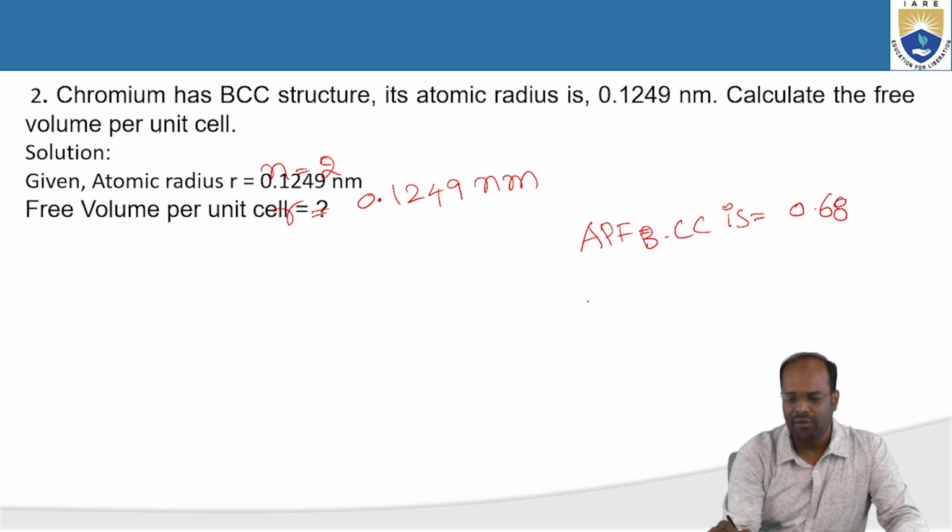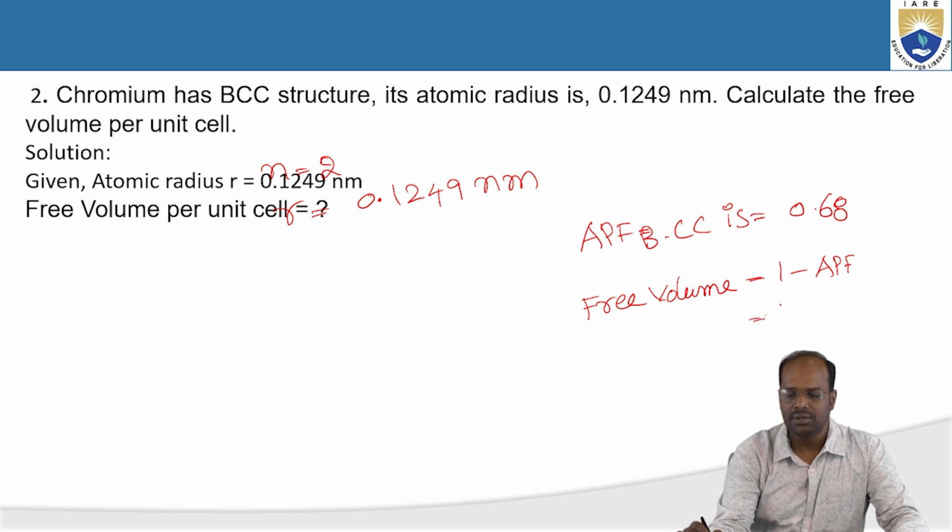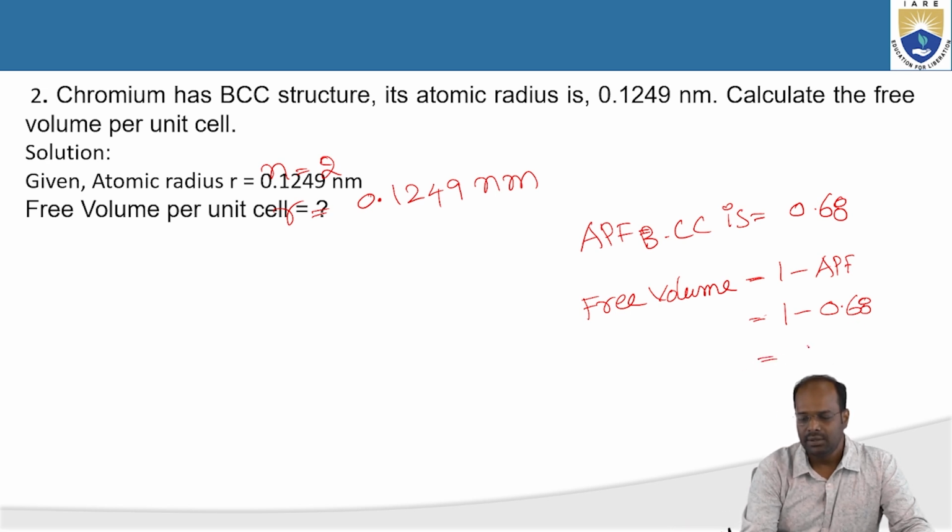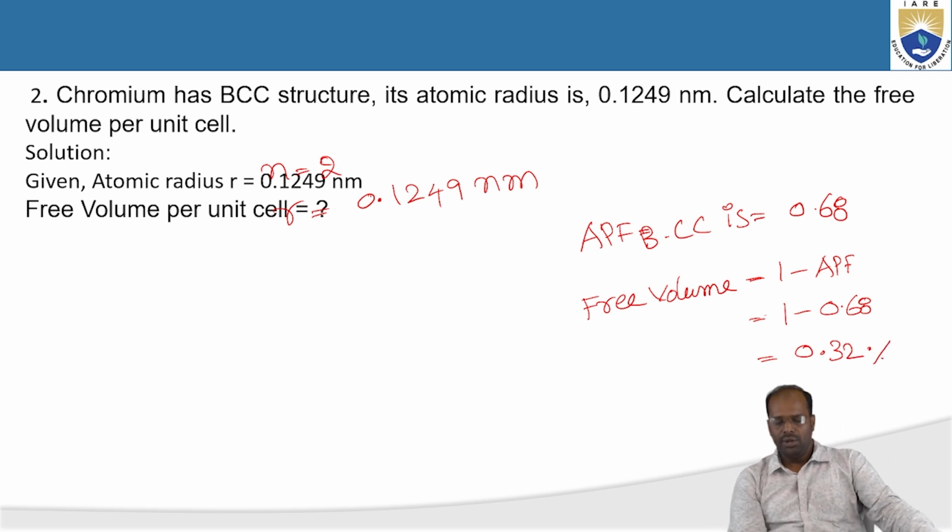Then the free volume is 1 minus the atomic packing fraction, which is 1 minus 0.68. So we get 0.32, that is 32 percent, as the free volume of the unit cell.